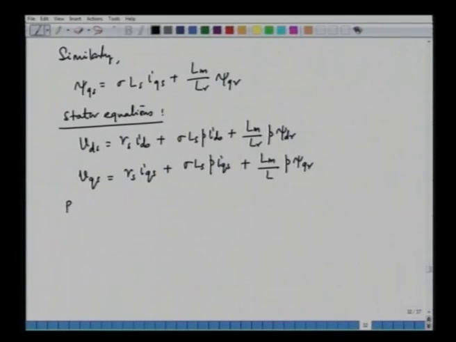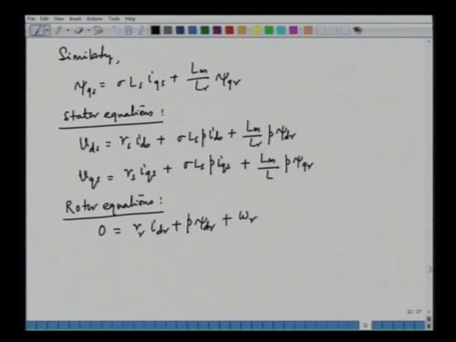The rotor equations in the stationary reference frame would be 0 is equal to RR IDR plus P psi dr plus omega r into psi qr.